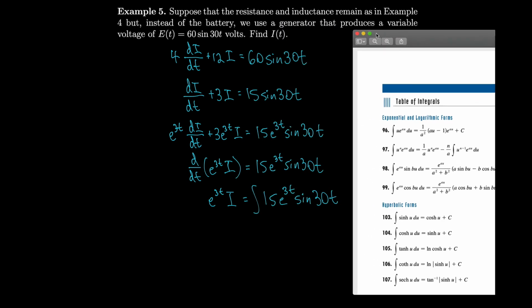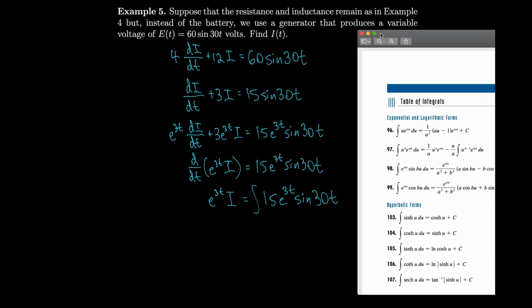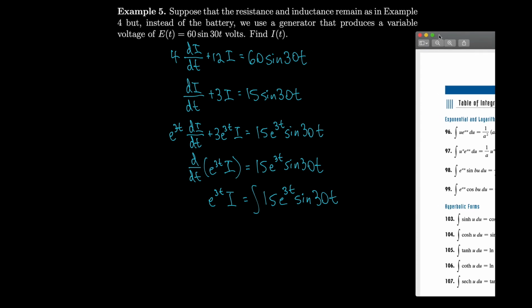It looks like we can just say that we've got e to the 3t, so a will be 3, t will be u, and we can write out what this is going to be.